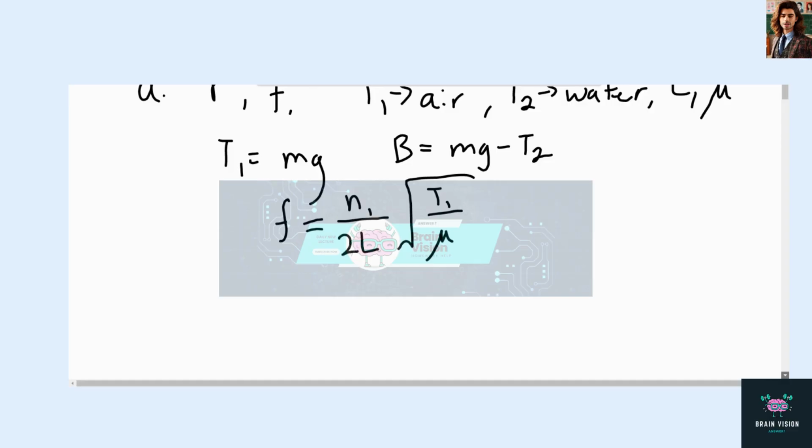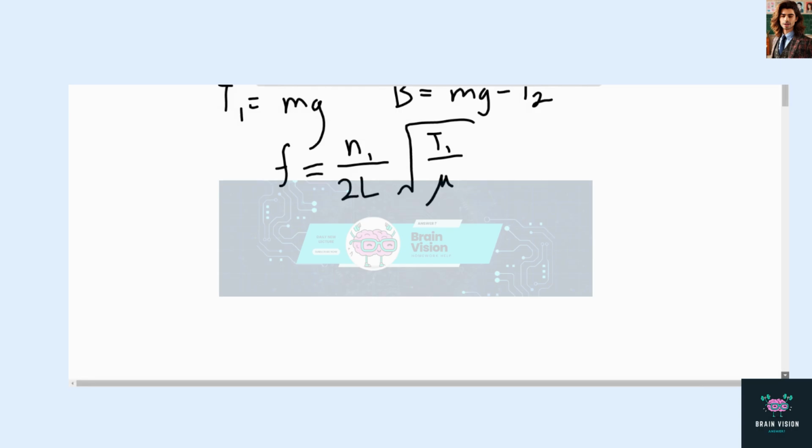We can also say that this same frequency, f, when we're dealing with the sphere in water, is equal to n, which is the n that we're concerned with in this problem, which is why there's no subscript, n over 2L times the square root of T2 over mu.